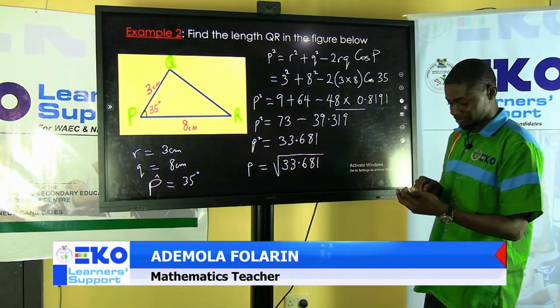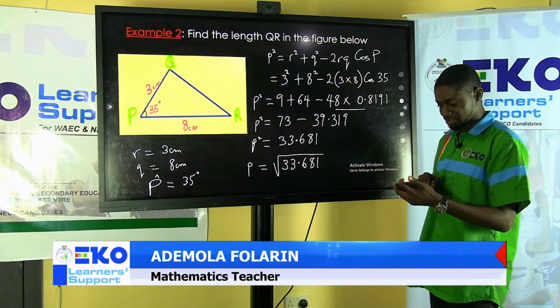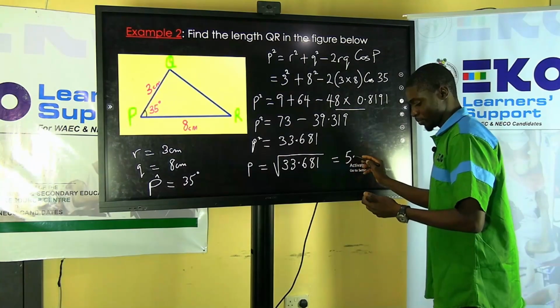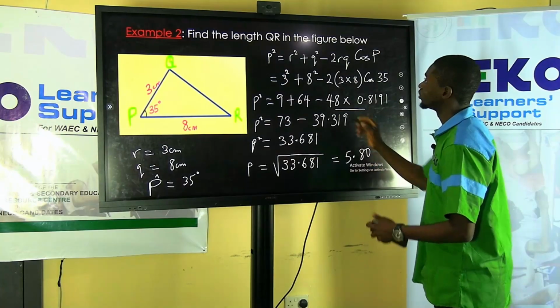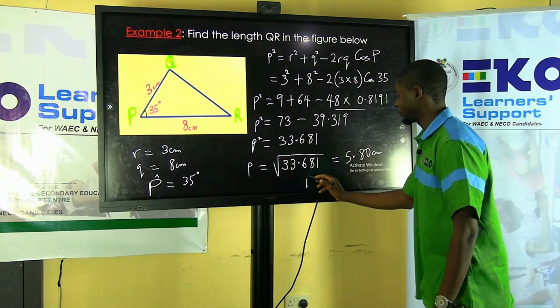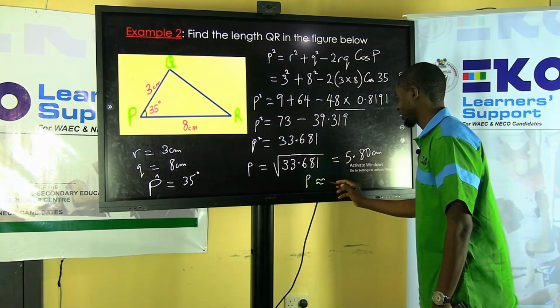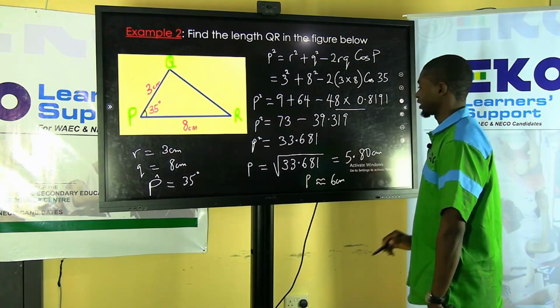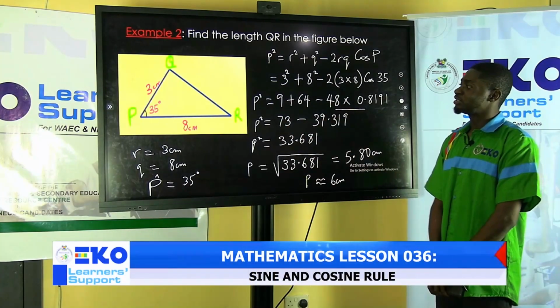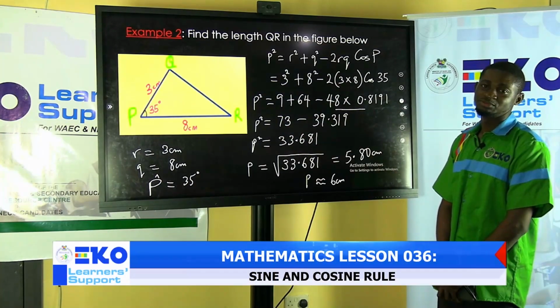The square root of 33.681 gives us 5.80 centimeter, which we can say p is approximately 6 centimeters. So we've been able to determine that side using cosine rule.